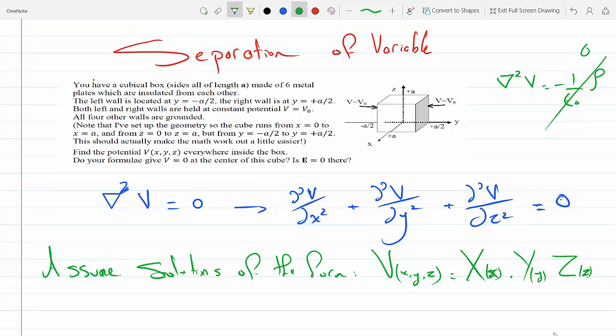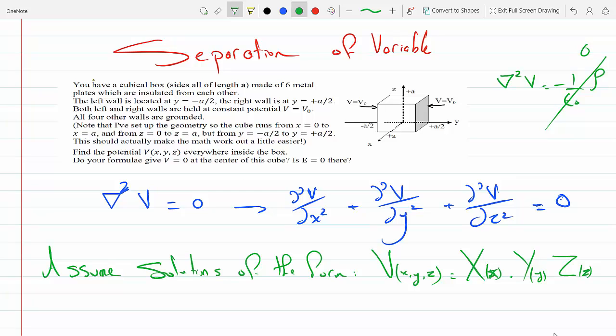Now, of course, if rho is equal to 0 everywhere, then V equals 0, and there's not much to say. I mean, there could be plenty of charge elsewhere, but we are focusing our attention on places where there's no charge, and in that case, Poisson's equation reduces to Laplace's equation, which in Cartesian coordinates gives us this.